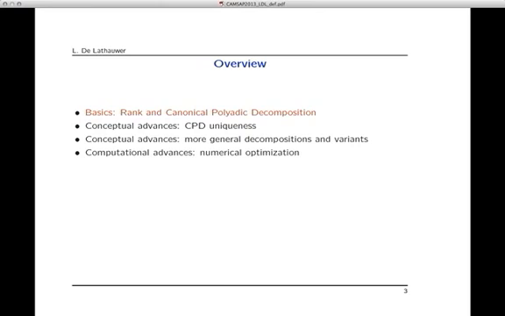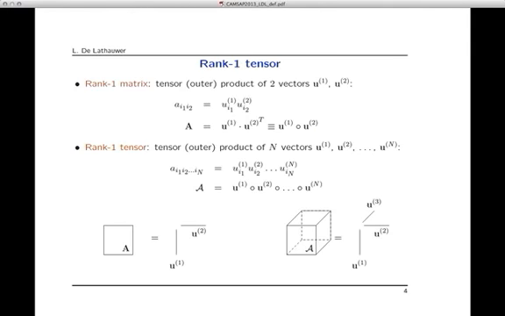Before I can explain what exactly it is and what it is useful for, let me explain a few basic things very shortly. Rank 1 terms. This is a third order rank 1 term. What is it? Obviously, it's the outer product of 3 vectors.